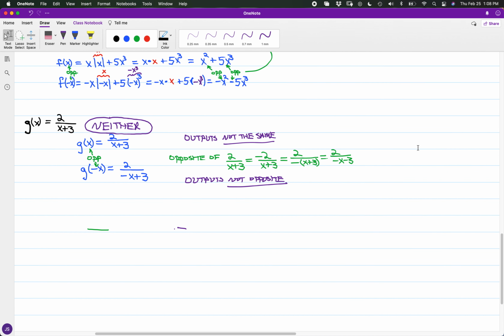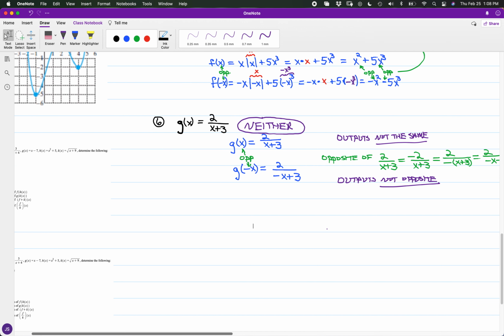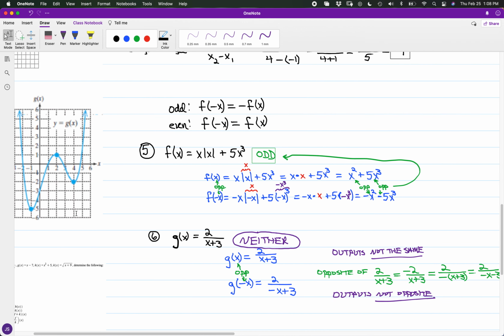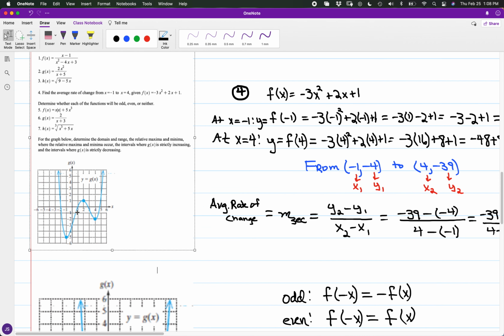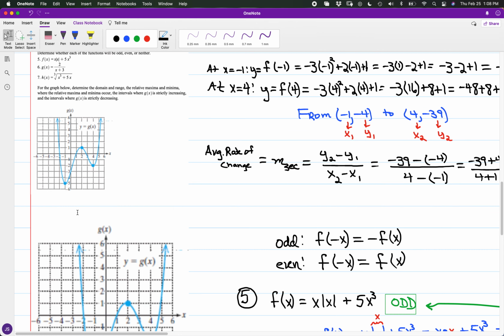Now what we have with number 7: you have h of x is equal to the cubic root of x cubed plus 5x.